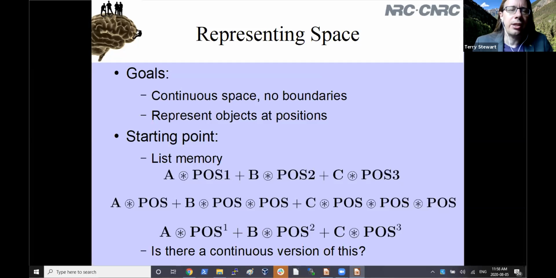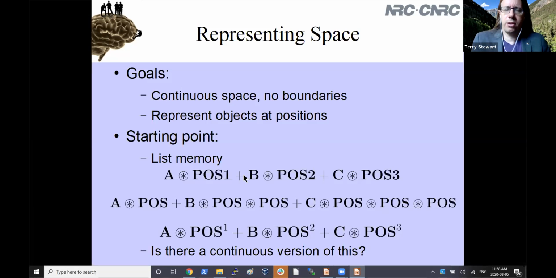What I would really like to do is, we had this list thing that represents a one-dimensional thing going on forever, but it's really discrete. I could have something at position 1, position 2, position 3, or something at position 1, position 2, position 27. But if I really want to represent space, I've got to come up with some sort of continuous version of this.